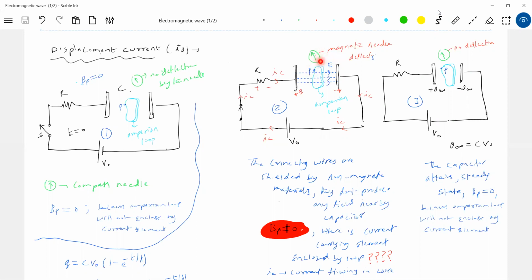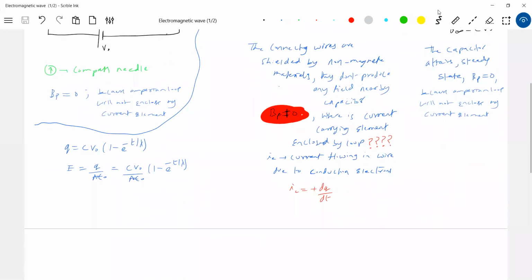According to Ampere's circuital law, if a magnetic field is present there should be a current element. So we introduce a quantity called current density, but don't think that any wire is there. It is a new way of thinking you have encountered here: a varying electric field produces a magnetic field. So now, can we apply our Ampere circuital law? Let's see what Ampere's circuital law says.